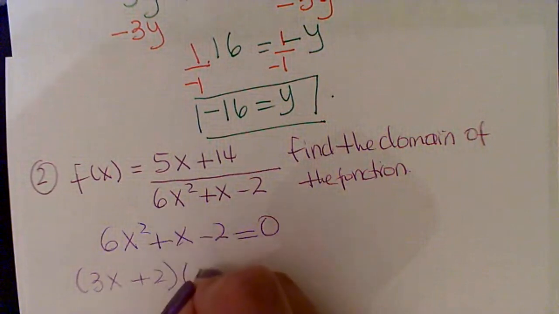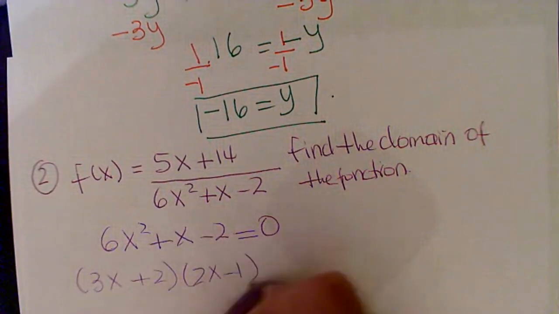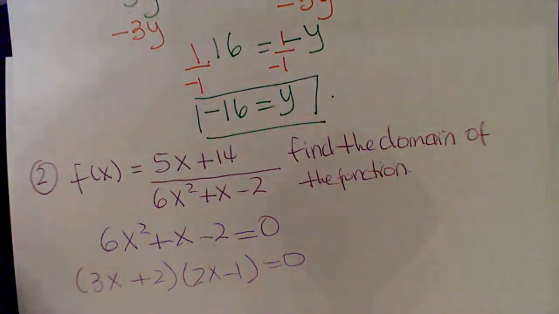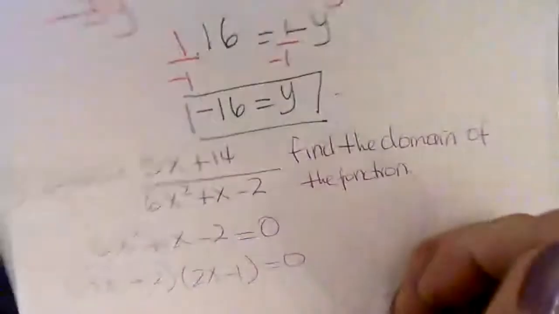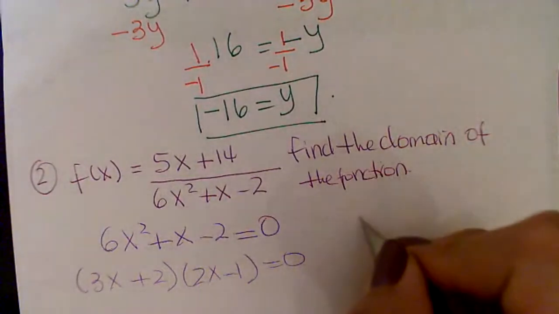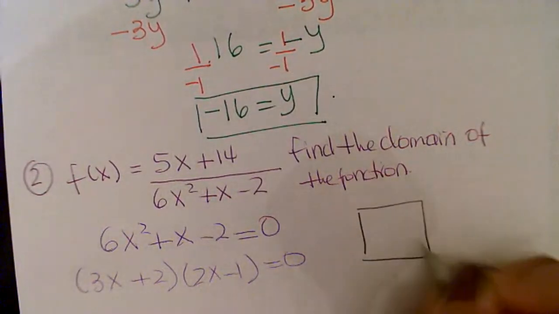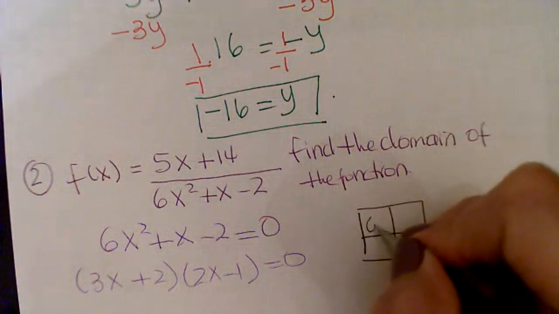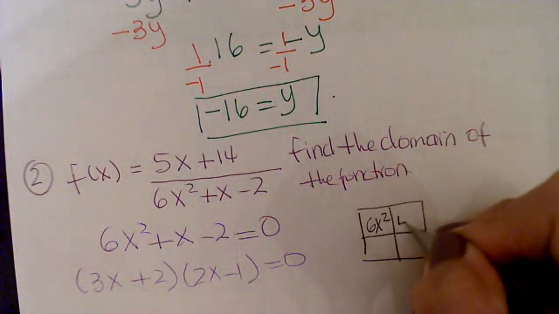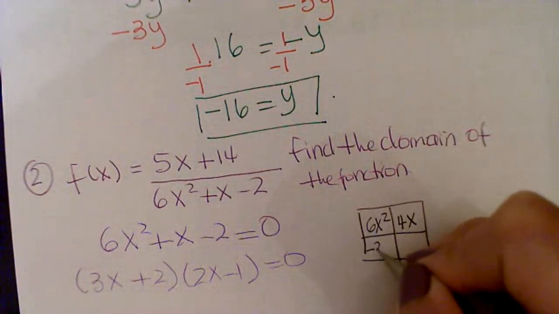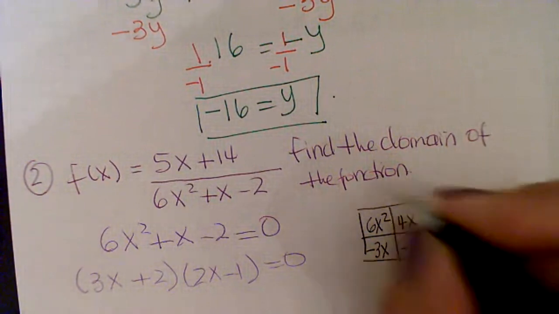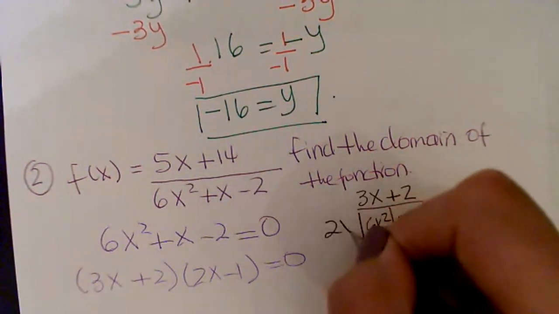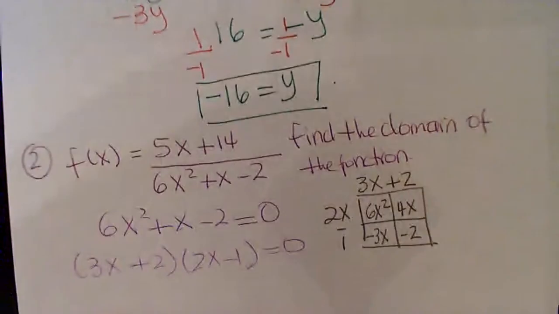When I do the box, what I get is, okay, let me get my pencil. I'm just gonna write it down here so you guys know, okay? Negative 3x and negative 2. So I have 3x plus 2 and 2x minus 1.